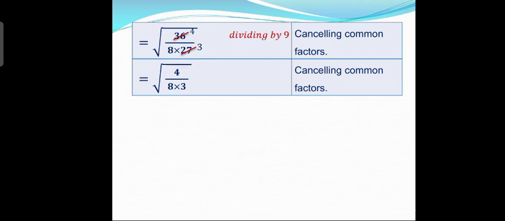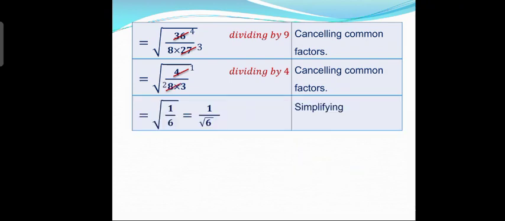After simplification, it becomes square root of 4 over 8 into 3. Again dividing by 4. 1 times 4 and 4 2 times 8. So this surd has its simplified form, that is 1 over square root of 6.